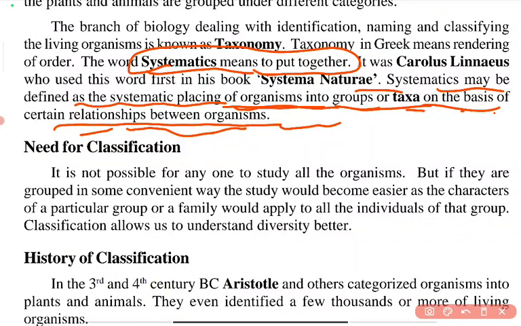I already told you a very small definition, that is, to put together. But systematics may also be defined as the systematic placing of organisms into groups or taxa on the basis of certain relationships between organisms.